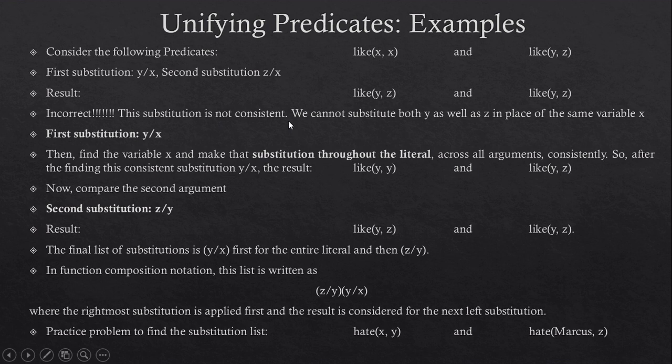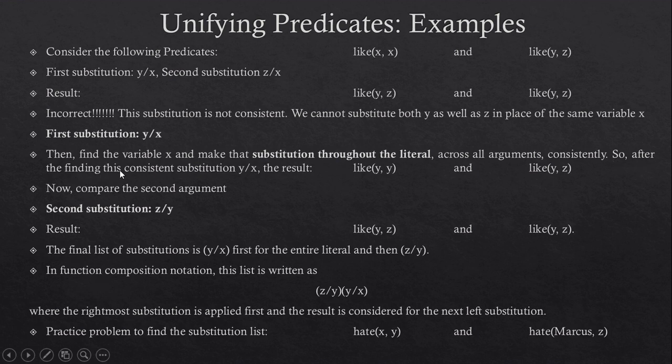What we did is we substituted both y as well as z in place of the same variable x. We cannot do that. What we actually need to do after finding the first substitution y for x is find the variable x and make that substitution throughout the literal across all arguments consistently.